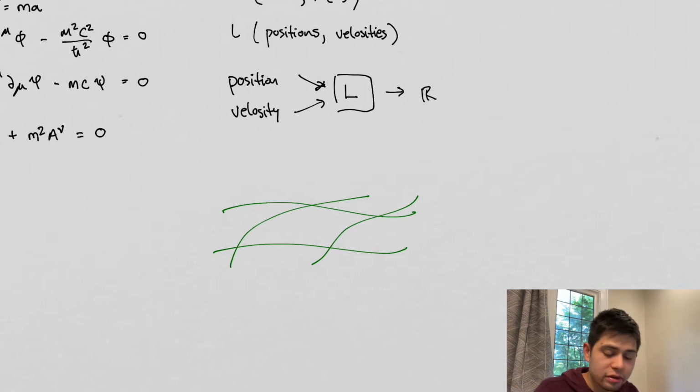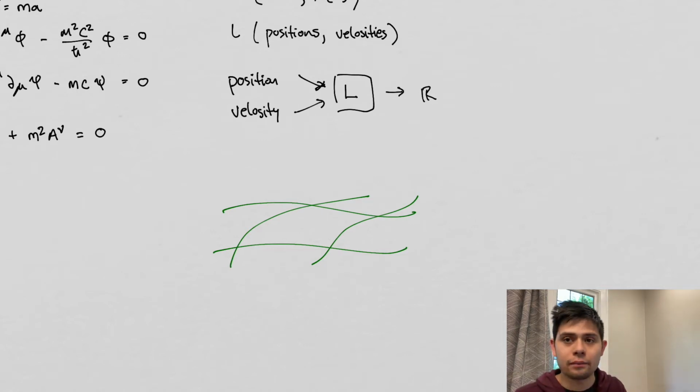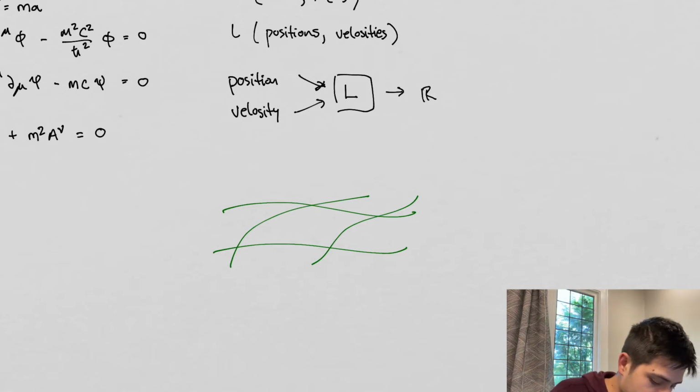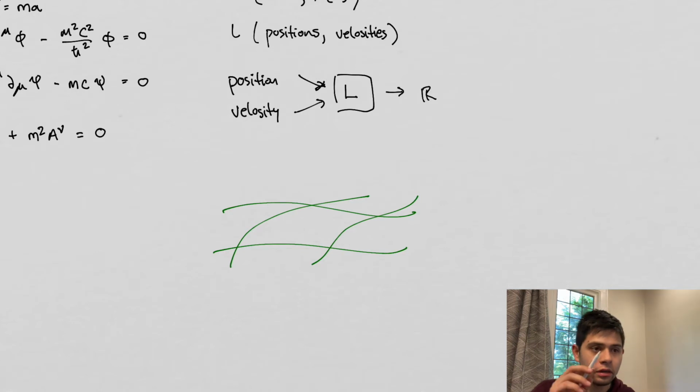So every point on this field is associated with a position and a velocity, not with positions and time. That's important to note because this is what's called phase space. Now you'll come across this term quite frequently.